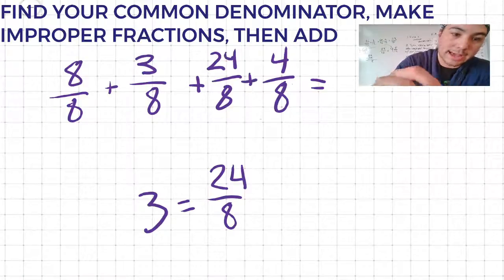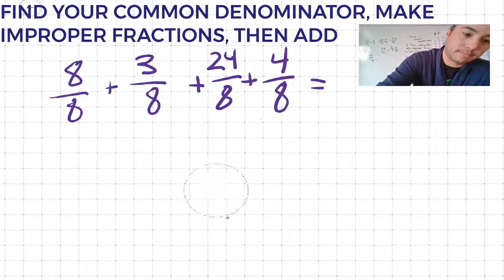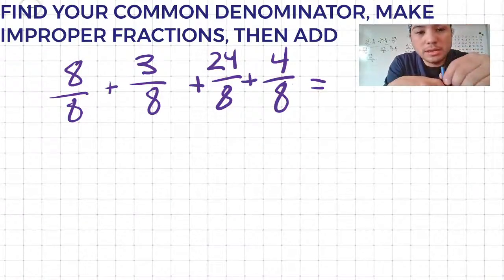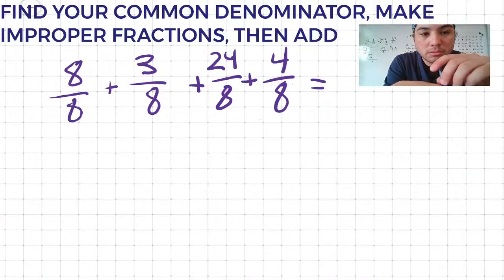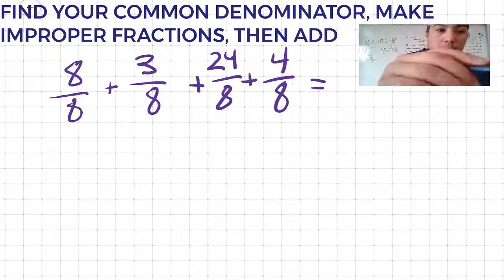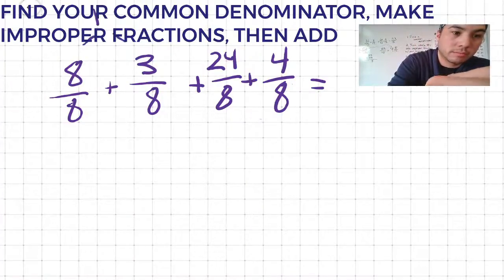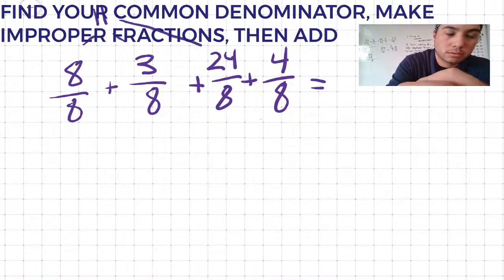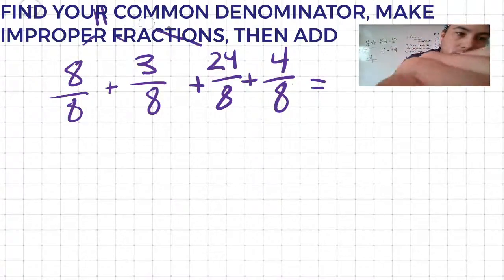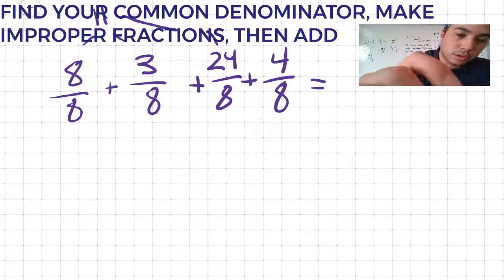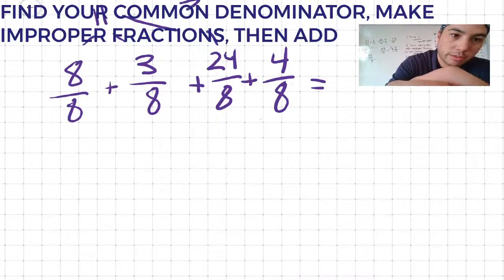Now, add them up. 8 plus 3 is 11. 11 plus 24 is 35.